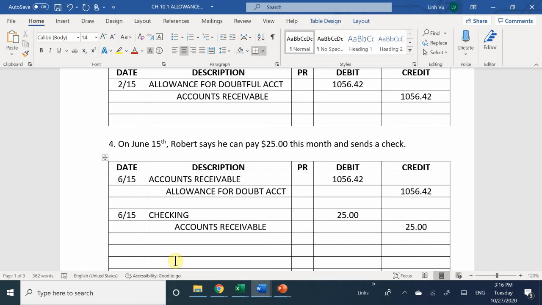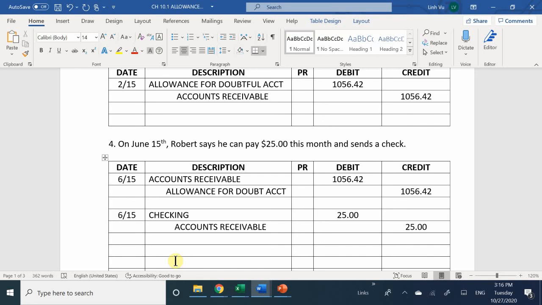For somebody making payments, you can either do this every month as I send you checks, or you could put me on a payment plan. You want to use notes instead of accounts receivable. You want to use notes receivable.